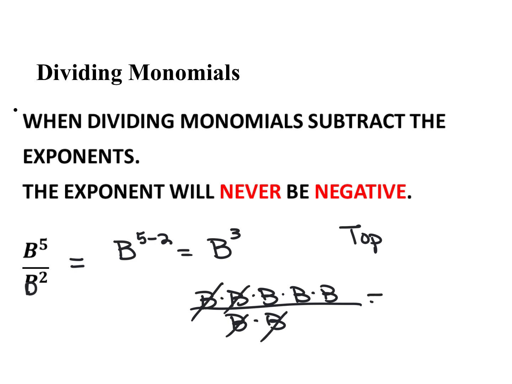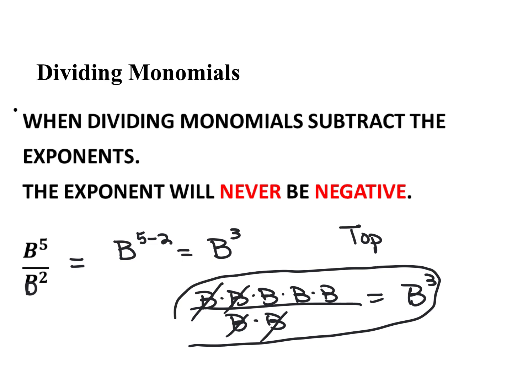And now I have 3 b's, and they're only on top, and nothing's left on the bottom, so that would be b to the 3rd power. But instead of having to do this for every problem, we have the rule that says, ask where is the largest degree of the variable, and then subtract the exponents.